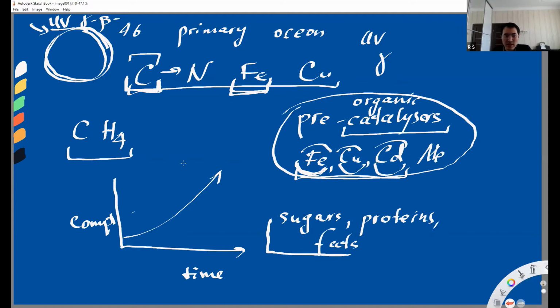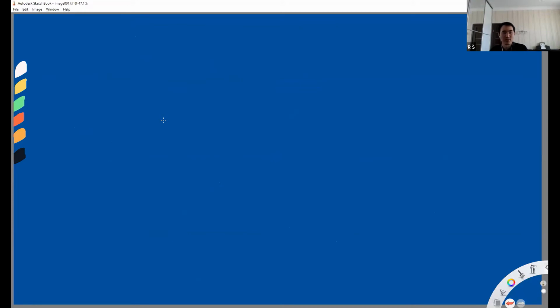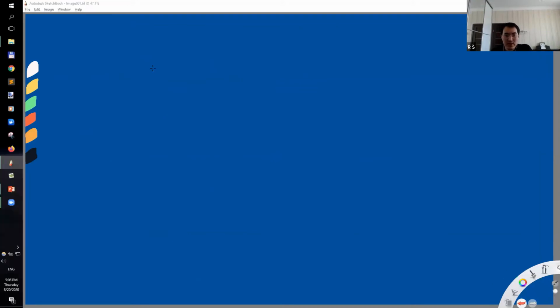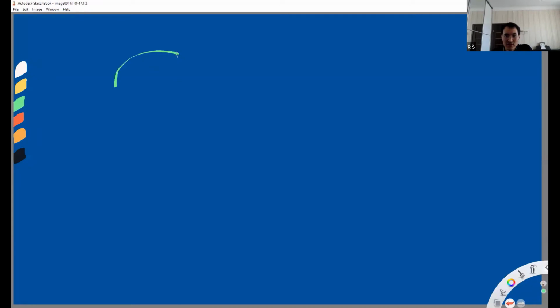Nowadays we have proteins called enzymes, and they have spatial conformation, like any shape you can imagine. Let's say within the cell we have one enzyme that looks like this.